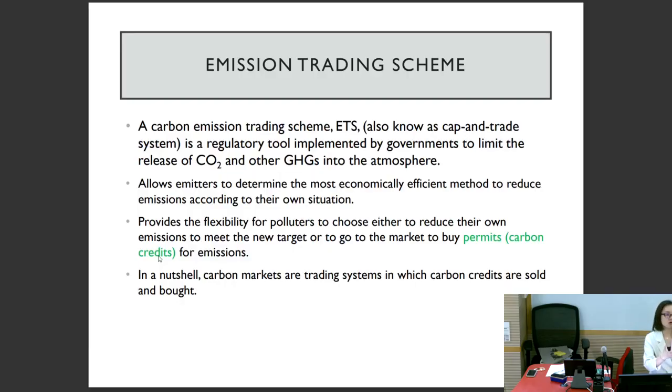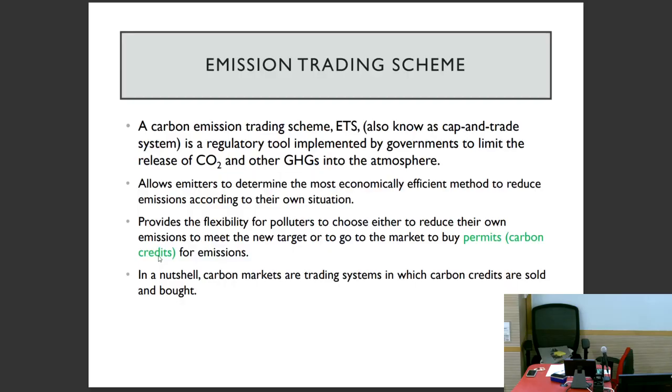So if your organization applies some technology to reduce the emissions, and it is a cheap, very cost-effective way to reduce your emissions, then you may sell the extra allowance to the market and earn money.